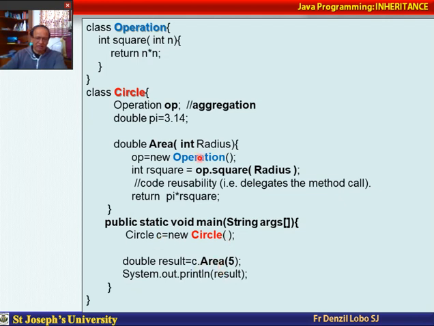So this method inherits the square method of the operation, and this is an example of aggregation. So understand the difference between inheritance and aggregation. In inheritance, we use extends, whereas in the case of aggregation, I make a reference to the other class object and use the methods of that object in the subclass.